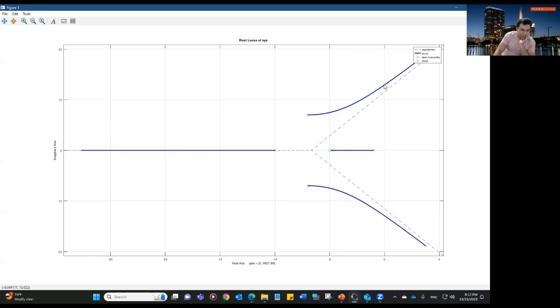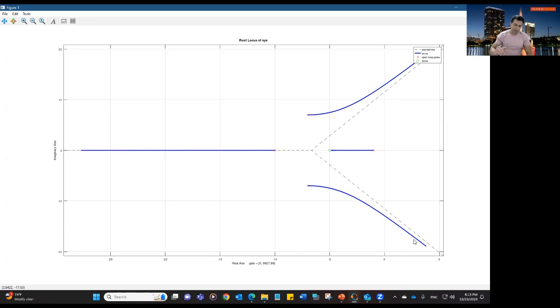In MATLAB it's easy to do; in Octave it's not. Whatever the value when it intersects the imaginary axis, that's where the system is going to become marginally stable. Negative j 12.9 or something, positive j 12.9. Well, this is the root locus with the rlocus function in MATLAB.